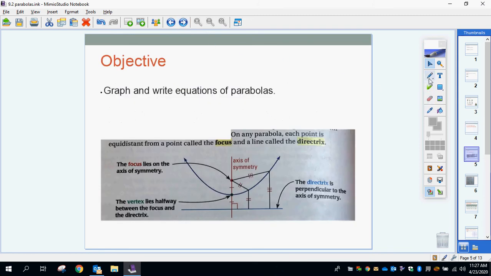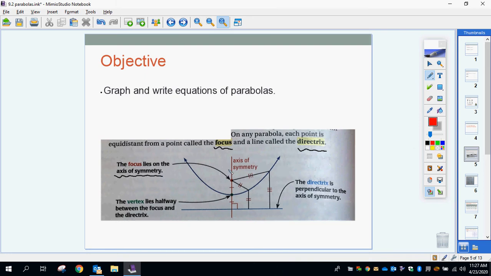We've seen a little bit of parabolas. We know that they're that U shape, right? They have arrows on the end, they go on forever. But I want to throw out a little more vocab: focus and directrix. Focus is a point somewhere on our graph which lies on the axis of symmetry.